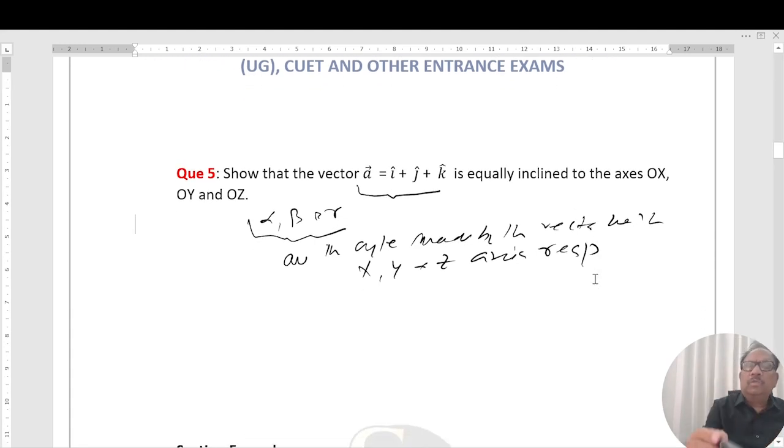And direction ratios for vector a are 1, 1, 1.